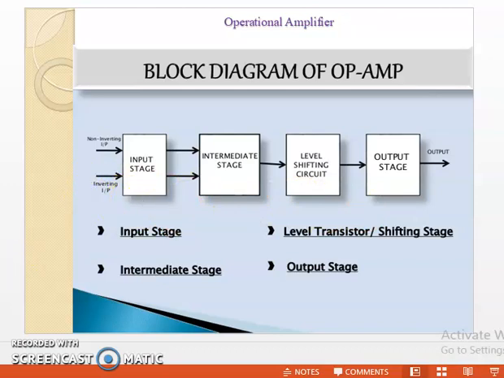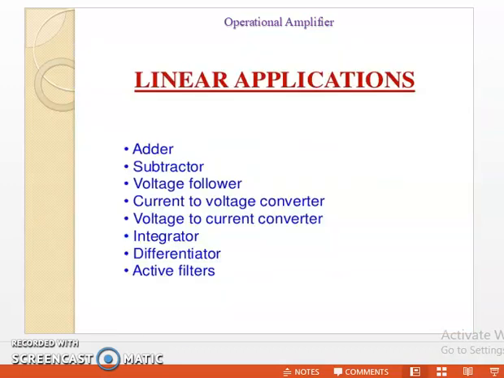Then what are the linear applications of op-amp? Op-amps are used as adder, subtractor, voltage follower, current to voltage converter, voltage to current converter, integrator, differentiator, and active filters also.